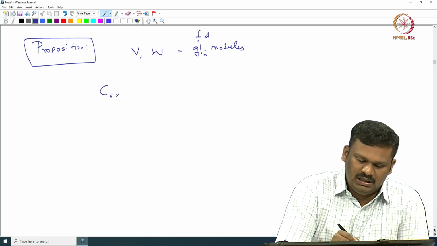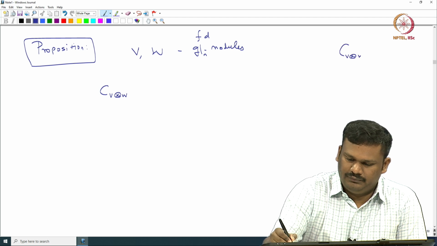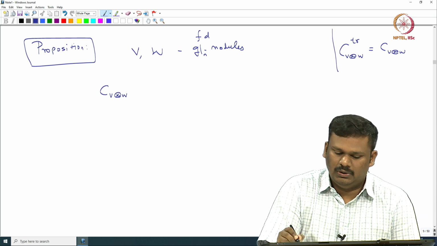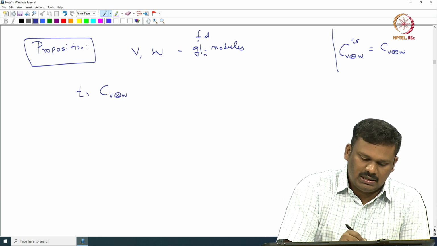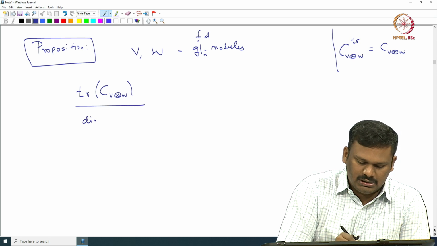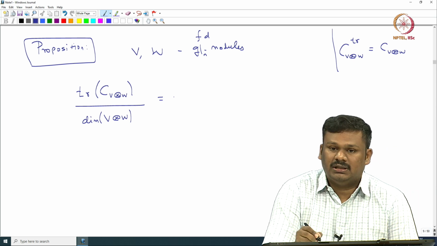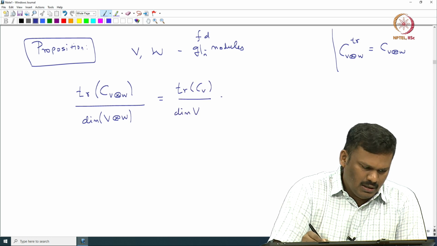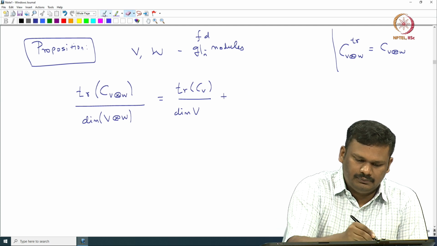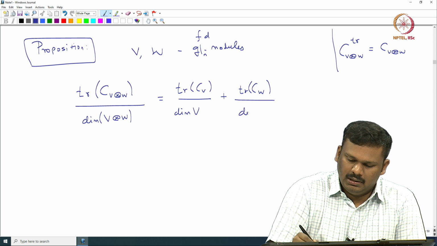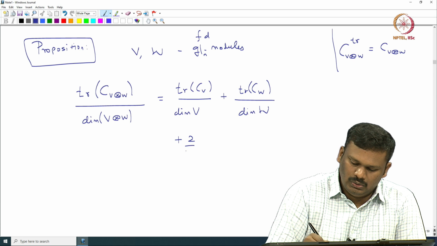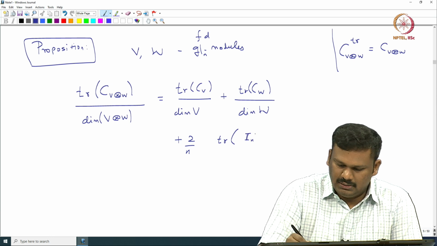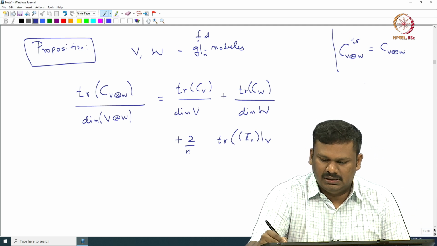Let's denote C_{V⊗W}^trace to be C_{V⊗W}, the Casimir operator corresponding to the trace form on V tensor W. Then it's easy to see that the trace of this divided by the dimension of V tensor W, which we know is dim V times dim W, is going to be exactly equal to trace of C_V divided by dim V plus trace of C_W divided by dim W plus 2 divided by n times the trace of the identity matrix acting on V. Okay, so we have this representation.